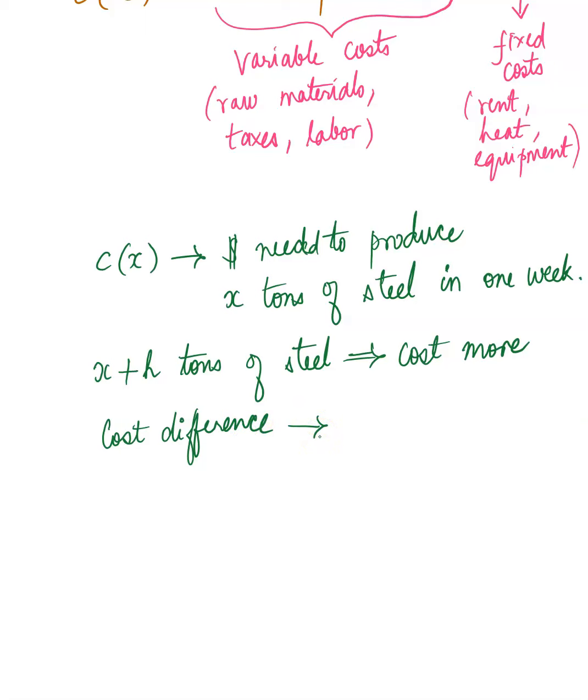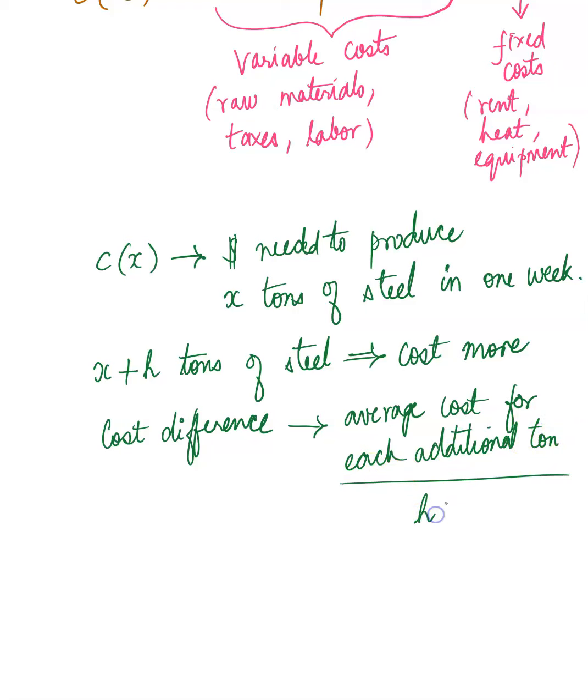The cost difference will be the average cost for each additional ton, divided by H, because H is the extra, right? X plus H, that's the extra that you are doing.